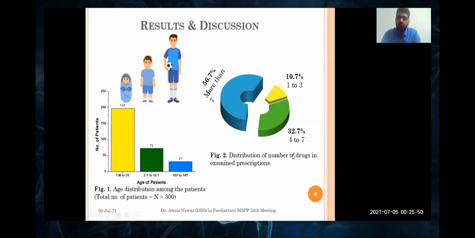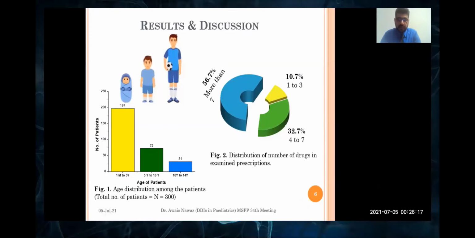Also, regarding the distribution of the number of drugs in the prescriptions, only 10.7% of prescriptions had 1 to 3 drugs within the same prescription. There was a good number, about 32.7%, that had 4 to 7 drugs in the same prescription, and more than 50%, 56.7%, were prescriptions that had more than 7 drugs within the same prescription.